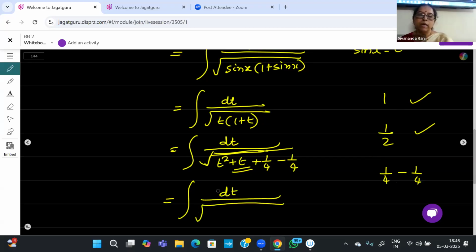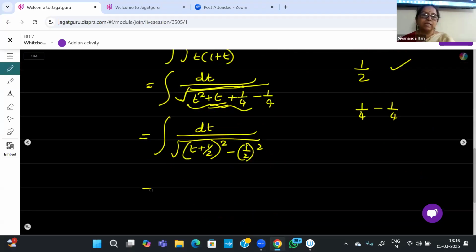So let me see who recalls what this is. This is nothing but t plus half the whole square, minus half the whole square. What result? I think we recall the results. Who remembers? Log x.